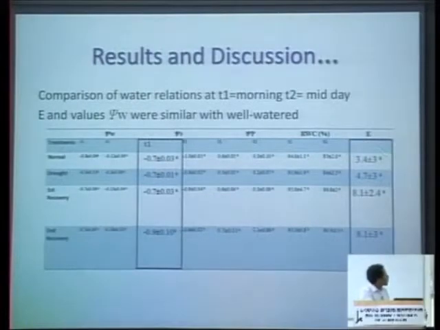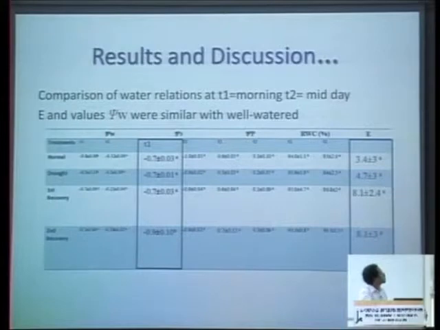So when we are calculating the elasticity model, and comparing the water relations in general between the morning and midday, where T1 is morning and T2 is midday, when you see the water potential in the morning, there is no significant difference for all treatments, normal, drought, and everything.